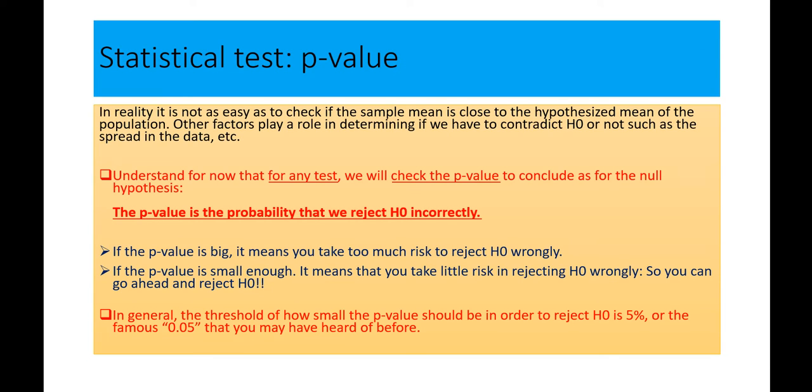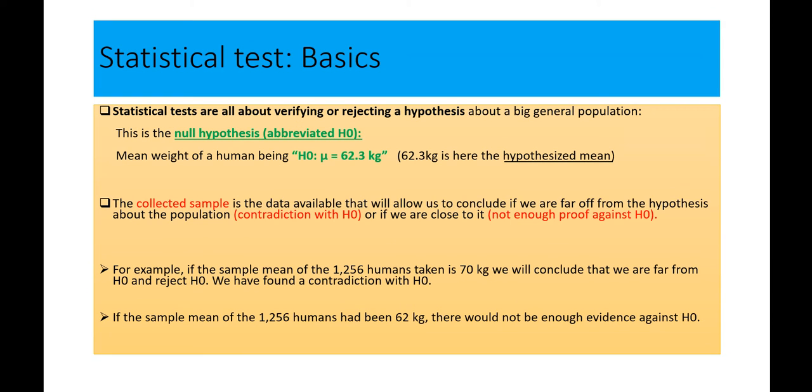Why do we use this p-value? It's because in reality it is not as easy as checking if the sample mean is close to the hypothesized mean of the population. Other factors play a role in determining if we have to contradict H0 or not, such as the spread in the data. Indeed, if you had found a mean of 70 kilograms, it is far from 62.3 kilograms, so you would likely reject H0.